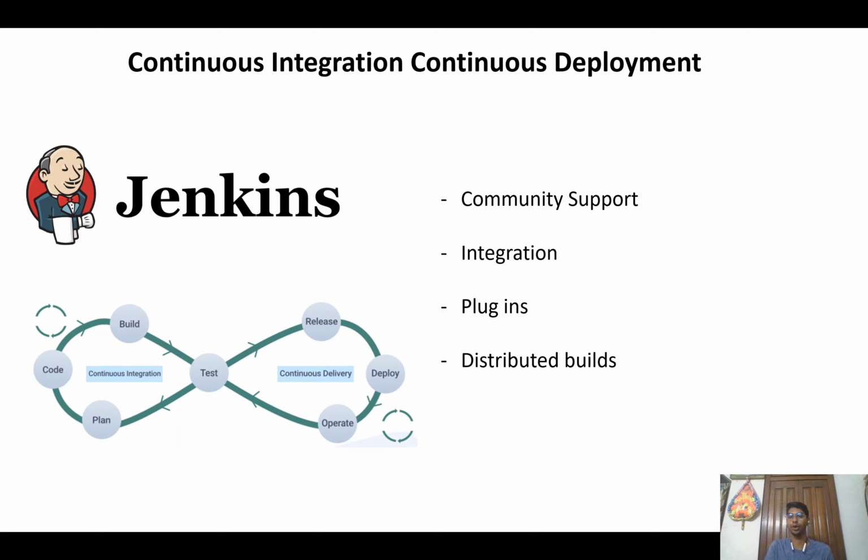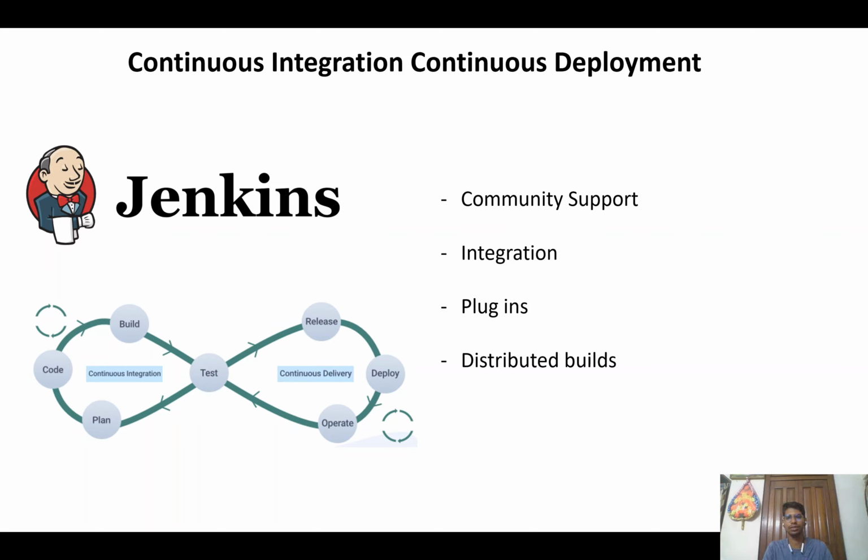Now, before deploying the code to the servers, we have to test the code. We have to build the code, make sure the code is correctly built, and test that the code is running successfully, right?